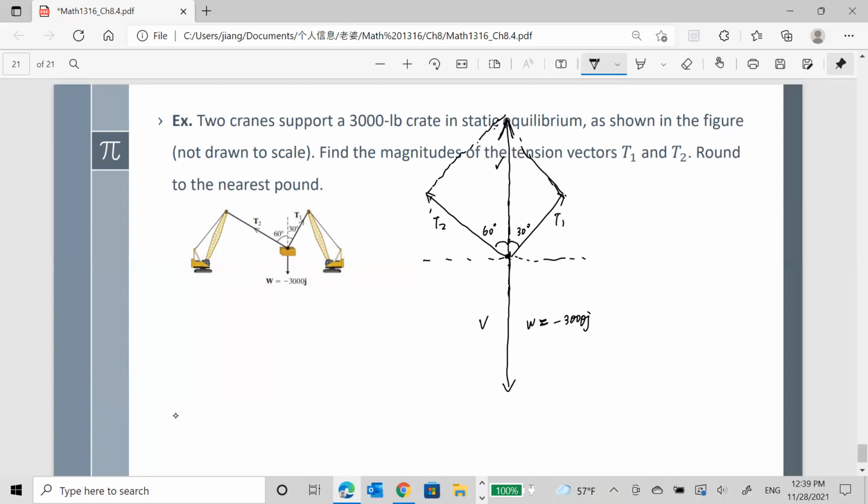And then on the I direction, they balance the force to each other. So this J equals this J, and so this I direction equals this I direction. And the sum of the J direction is 3000 J.